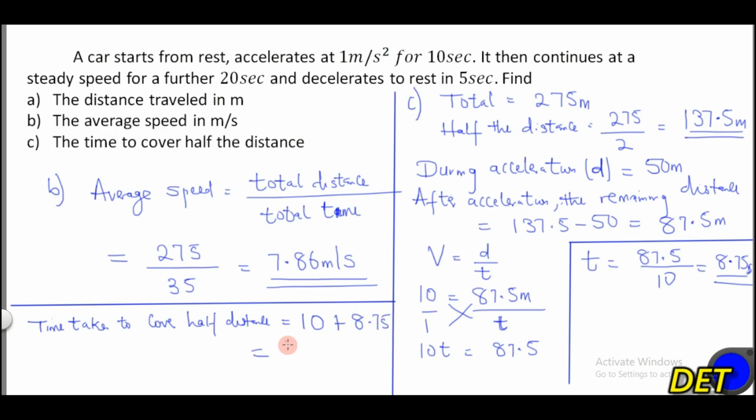If we add that, 10 plus 8.75 will be 18.75 seconds. So this is our answer. This is the time that is taken to cover half the distance, right?